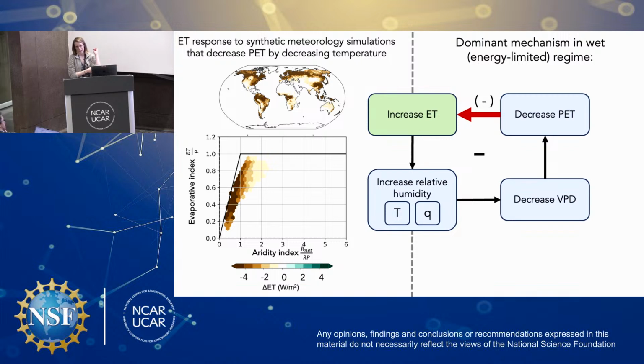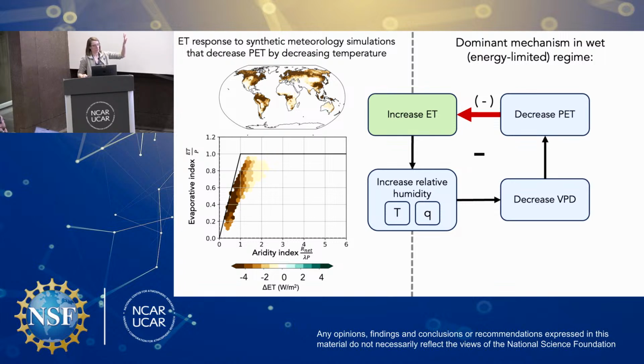To illustrate this more clearly, I ran some additional simulations where I isolated how changes in atmospheric quantities impact land. This is showing the results of simulations where I just decreased temperature by 1 degree in the coupler forcing file at all points in time and space.